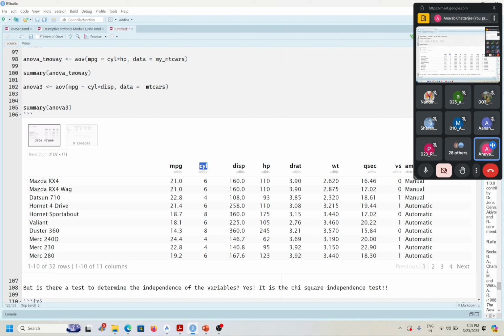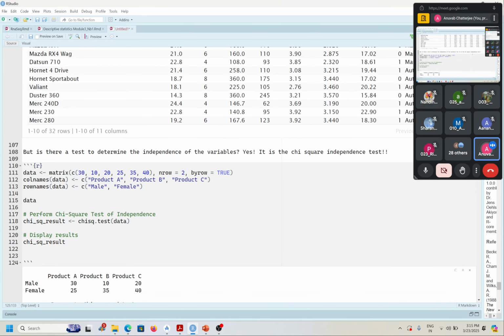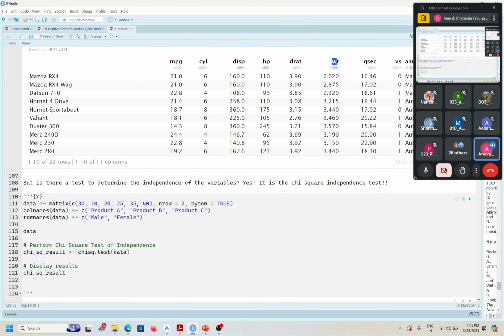So cylinders and weight is what we want to figure out if they are independent or not. So you guys can go ahead and try running this chi-square independence test on the mtcars data set, cylinders and weight. And if the code runs, please let me know, send it in the chat, let us all see how you're running it.